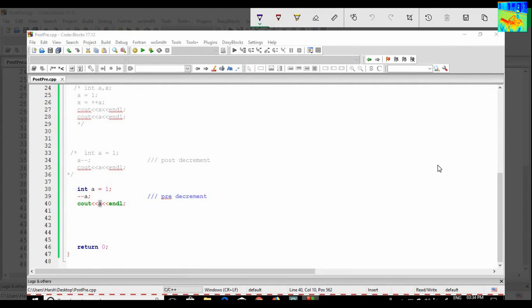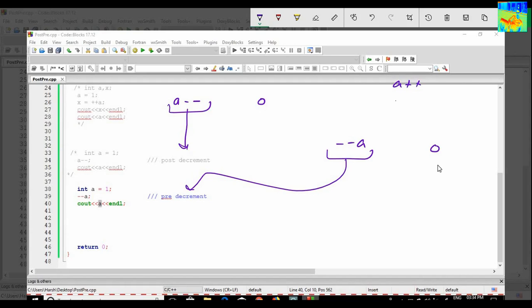When I was writing a minus minus, my output was 0, and when I write minus minus a, my output is also 0. But I am calling one post-decrement and the other pre-decrement, so there should be some difference, and the difference is the same as we saw in a plus plus and plus plus a.